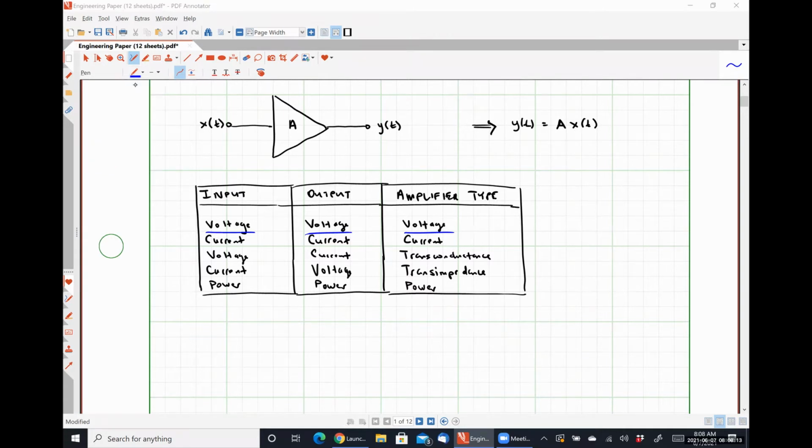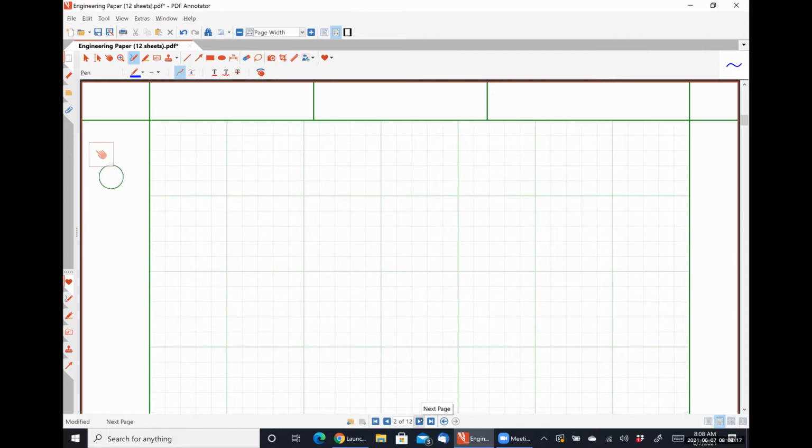So let's consider a simple voltage amplifier circuit. If at any point there are any questions, by all means, stop me.